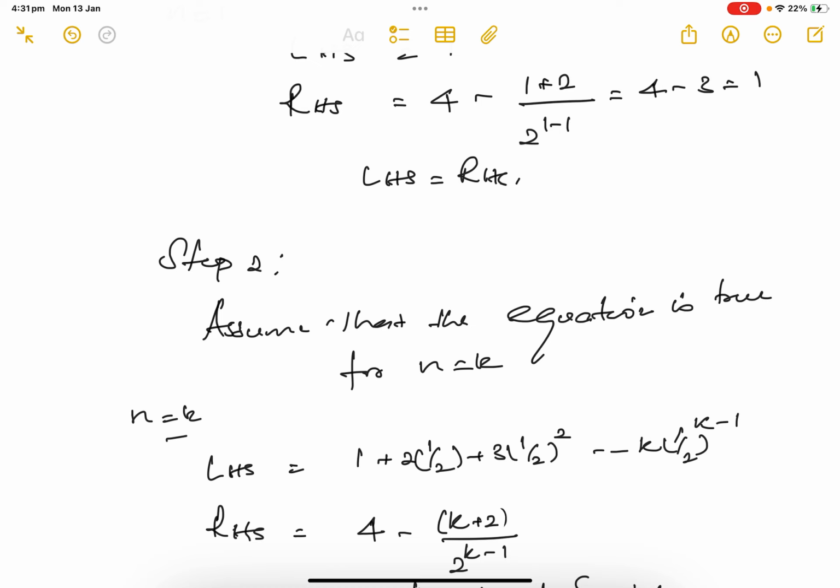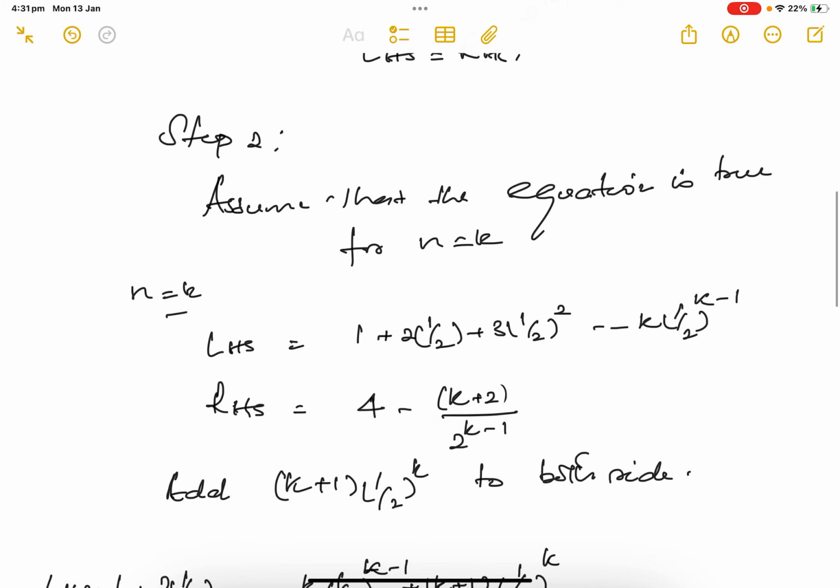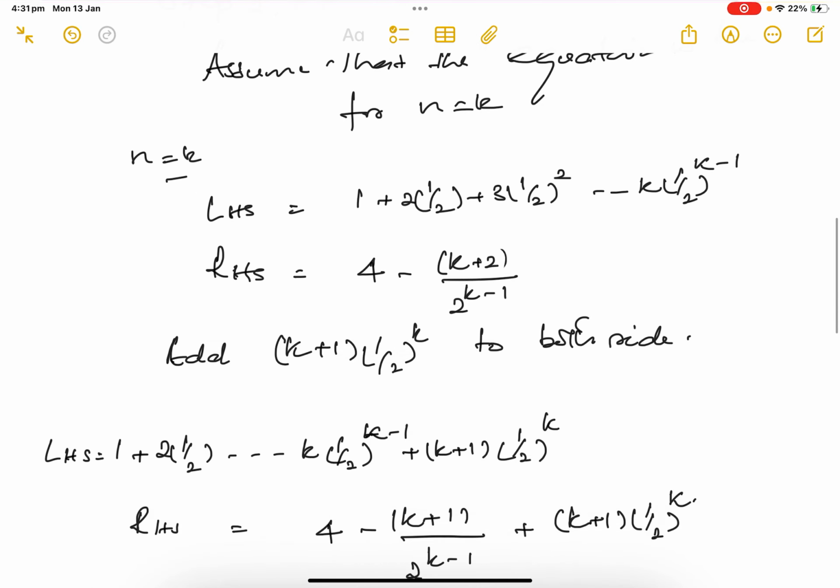Step 2, assume that the equation is true for n equals k. So we assume that the sum of the series up to k terms equals the given function. Let's write it. The left hand side is the series, 1 plus 2 times half plus 3 times half squared, and so on, up to k times half to the power of k minus 1.